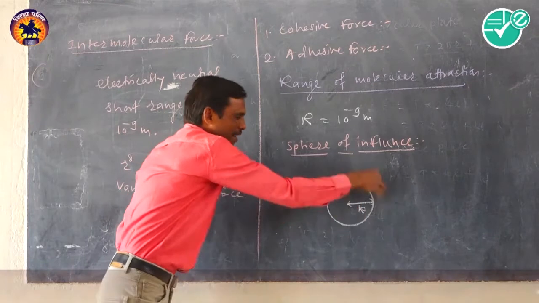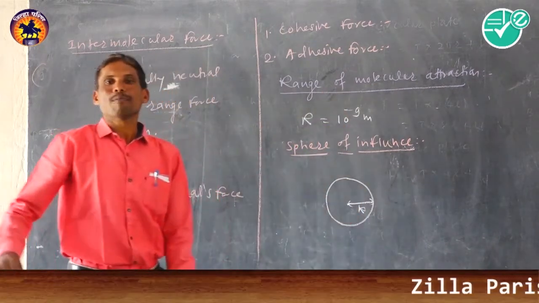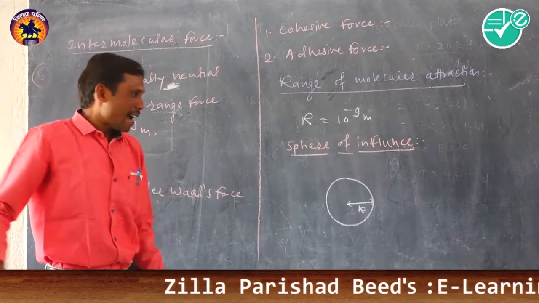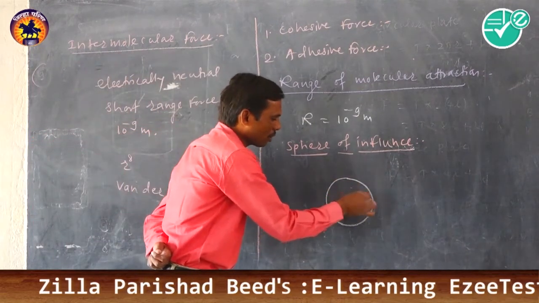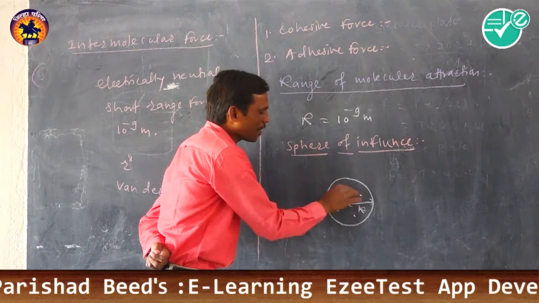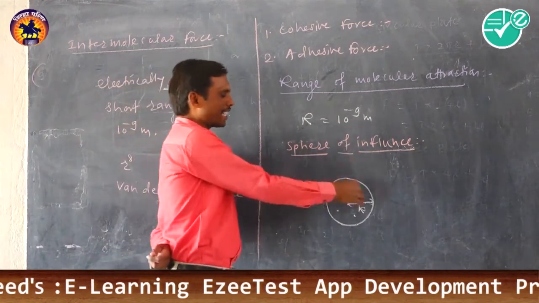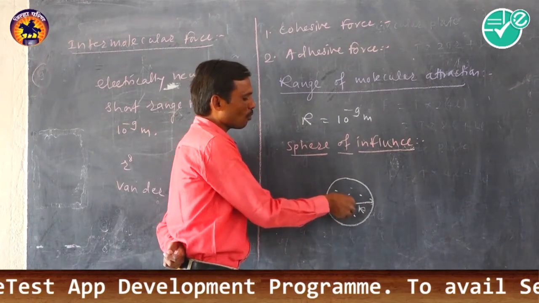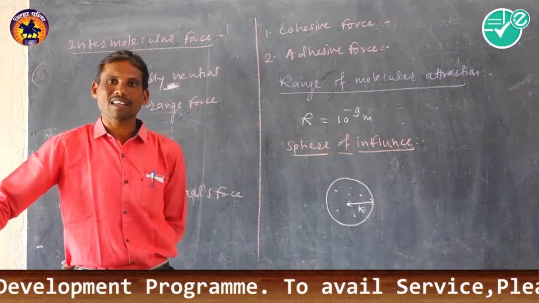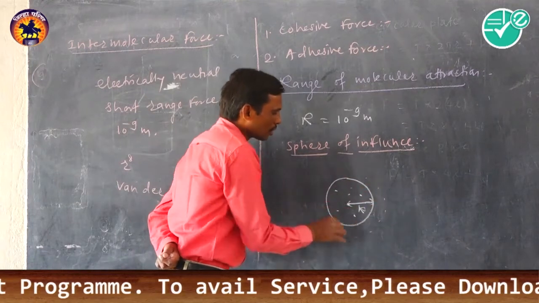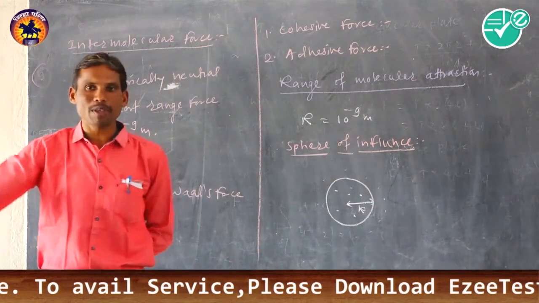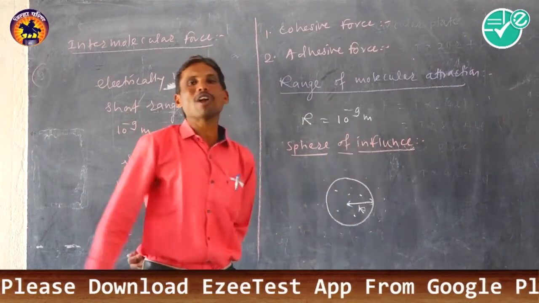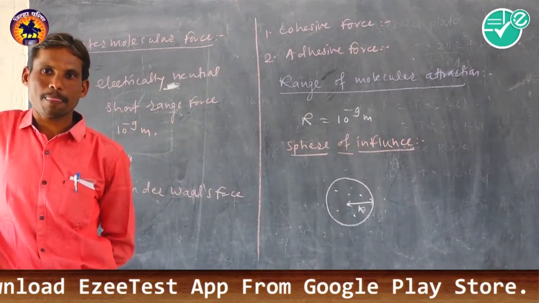Any other molecule that lies in the sphere of influence experiences the intermolecular force due to the molecule at the center, and all other molecules outside the sphere of influence do not experience the force due to the molecule at the center.